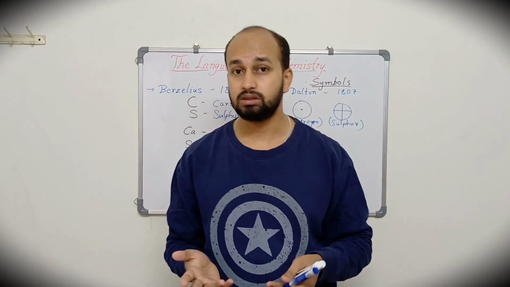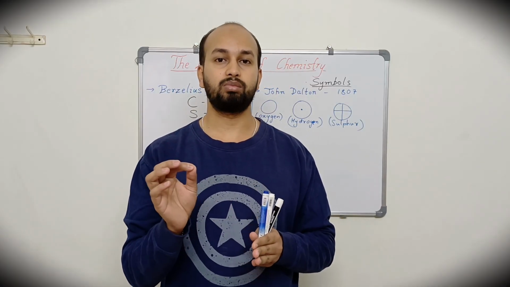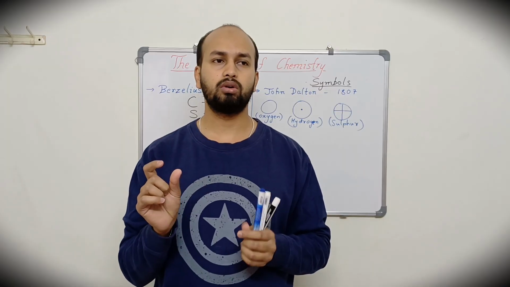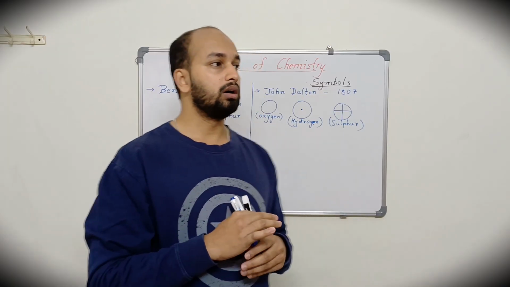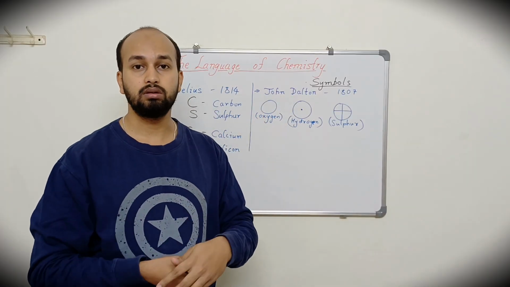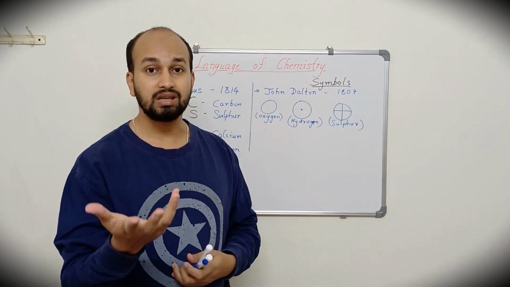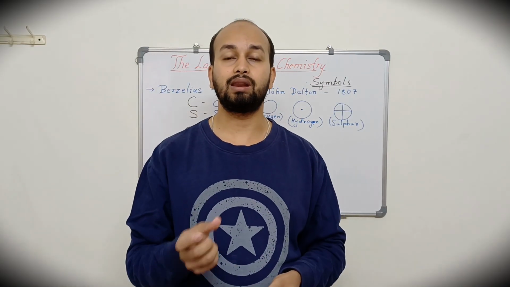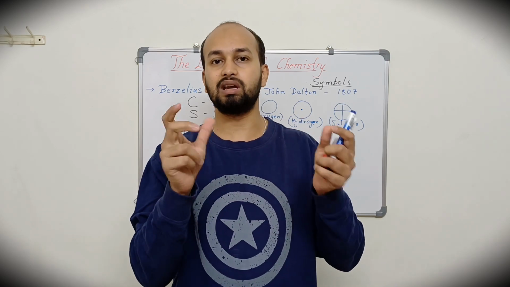So what are symbols? Symbols are the shorthand representation of an element, or it could be a molecule or a compound, right? For example, in the year 1807, John Dalton was the very first person to propose this idea of recognizing a particular element depending on different designs.